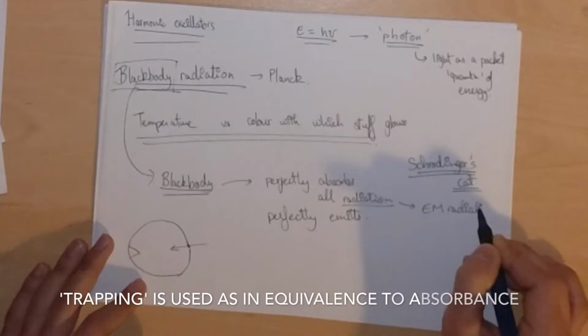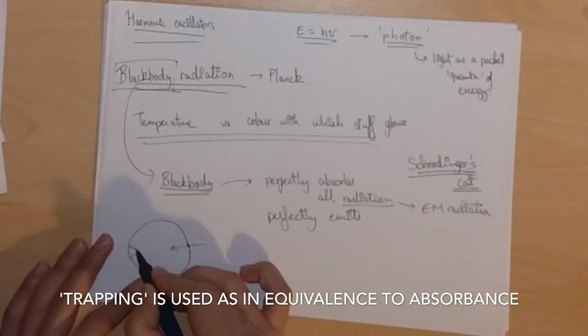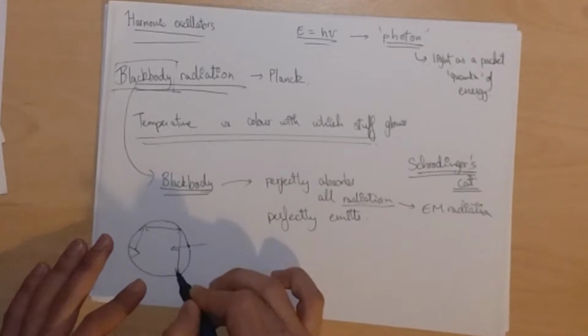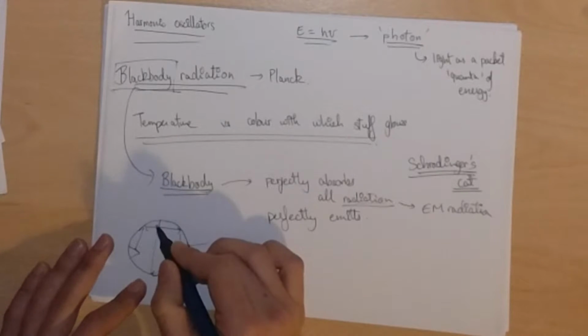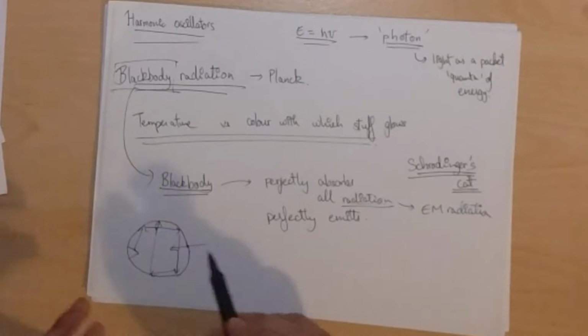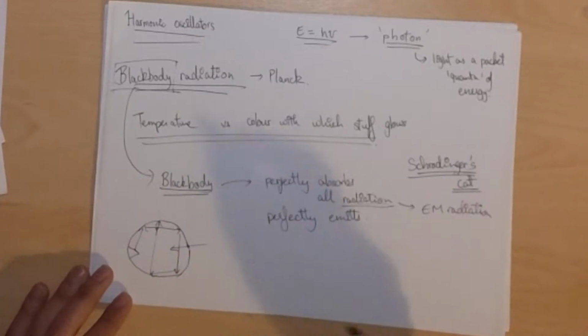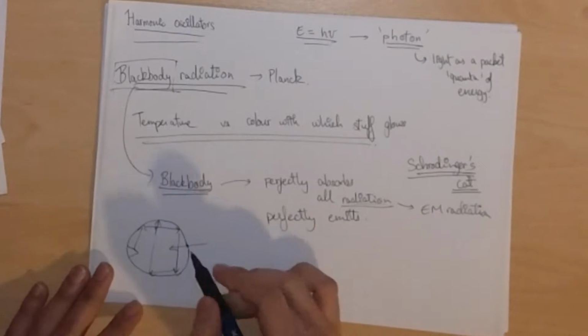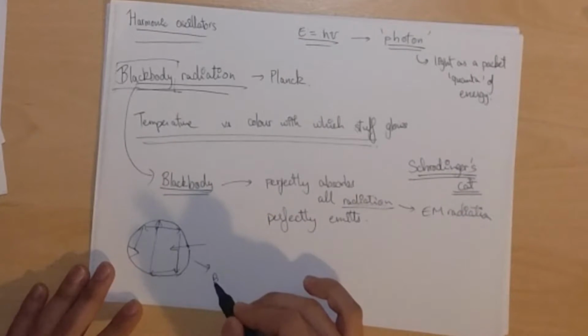It's just a wave. So you're sending in something, it goes through here, it bounces off, goes there, bounces off, goes there. So in essence, it gets trapped. So this would be a good example of something that perfectly absorbs everything. And we'll see how it perfectly emits soon. But yeah, this is a good model for a blackbody.